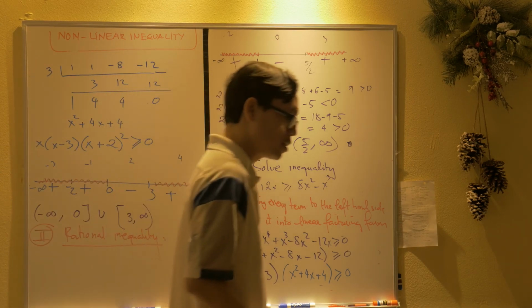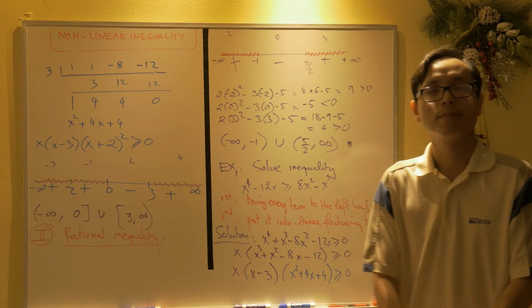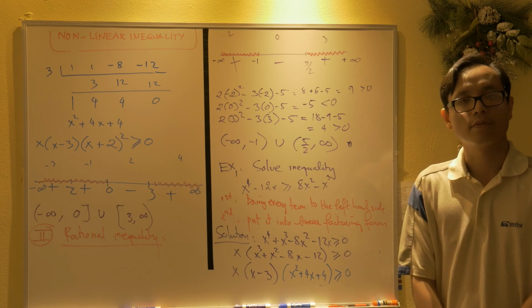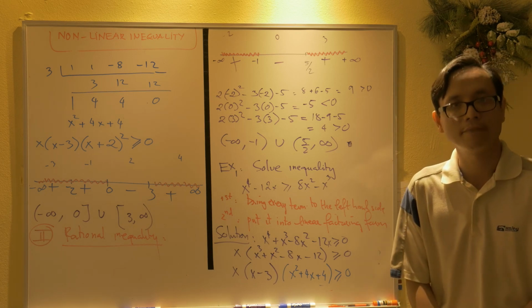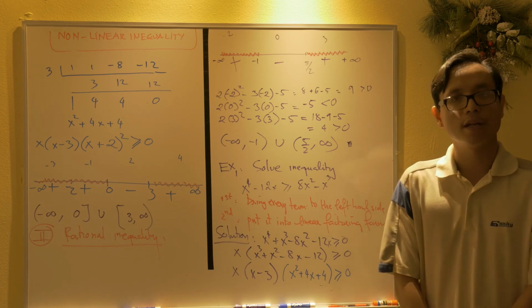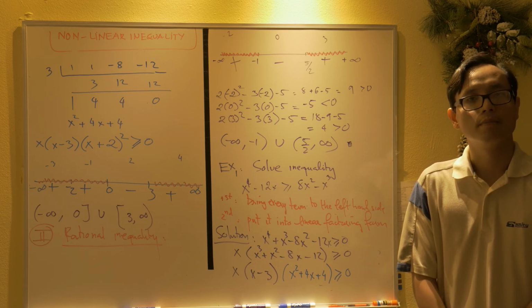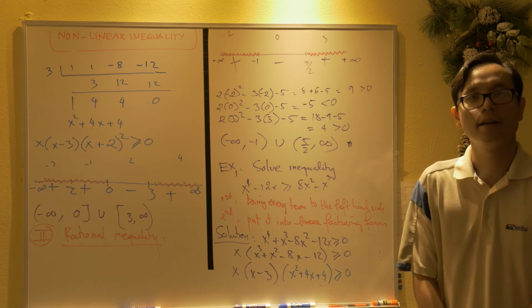What is a rational inequality? It is just an inequality, but in fractional form. Again, you have to put it into linear factoring form in order to solve a rational inequality, because if it's not, then you cannot solve it.